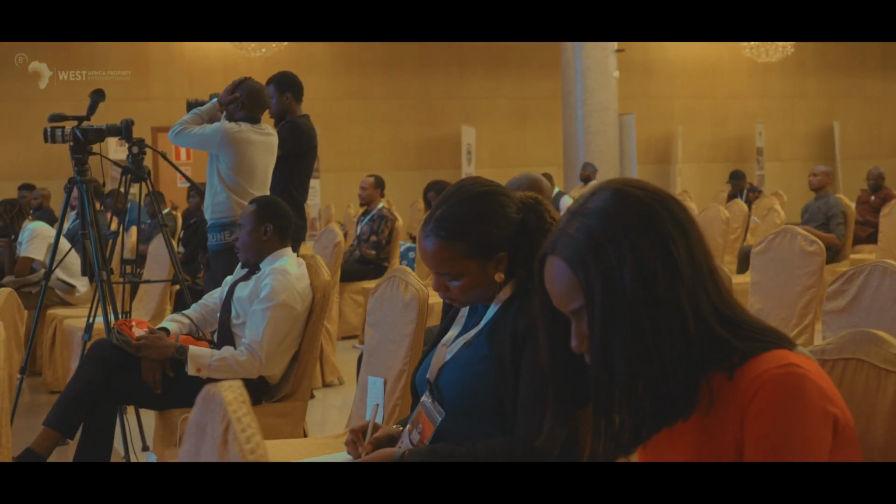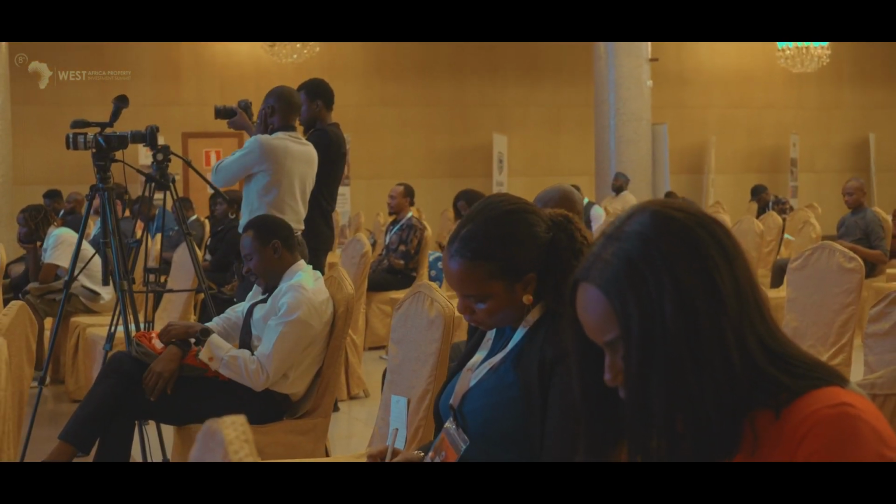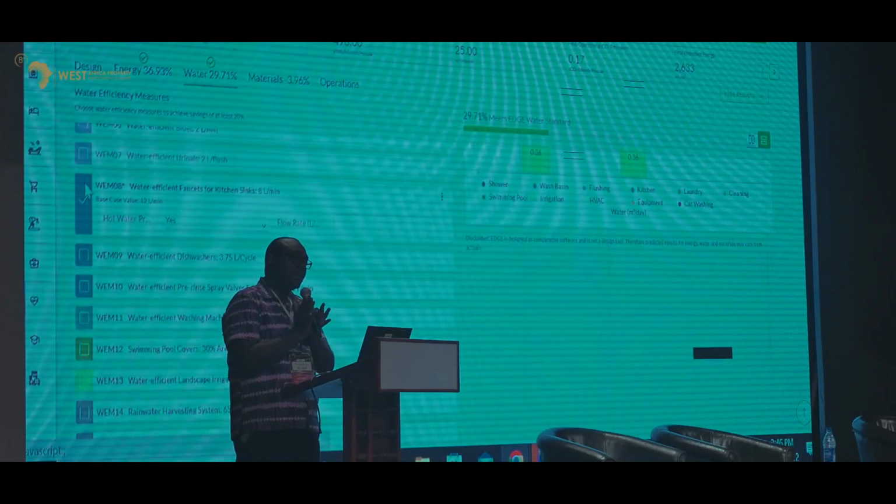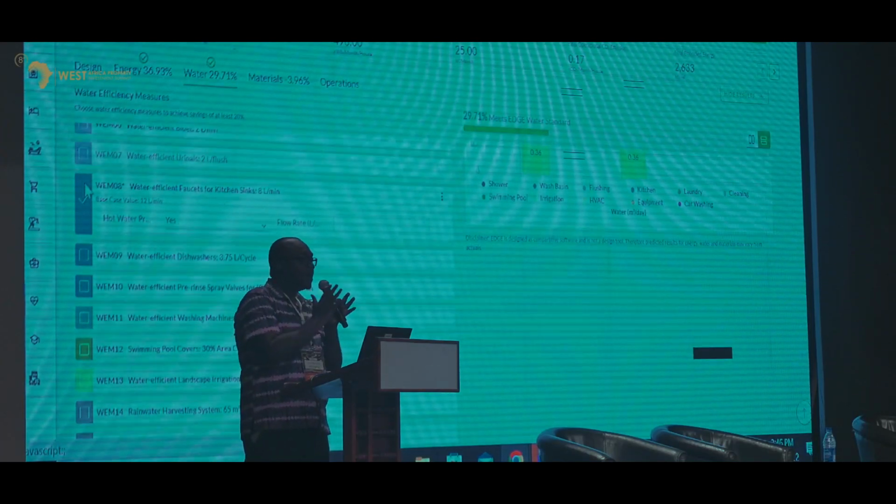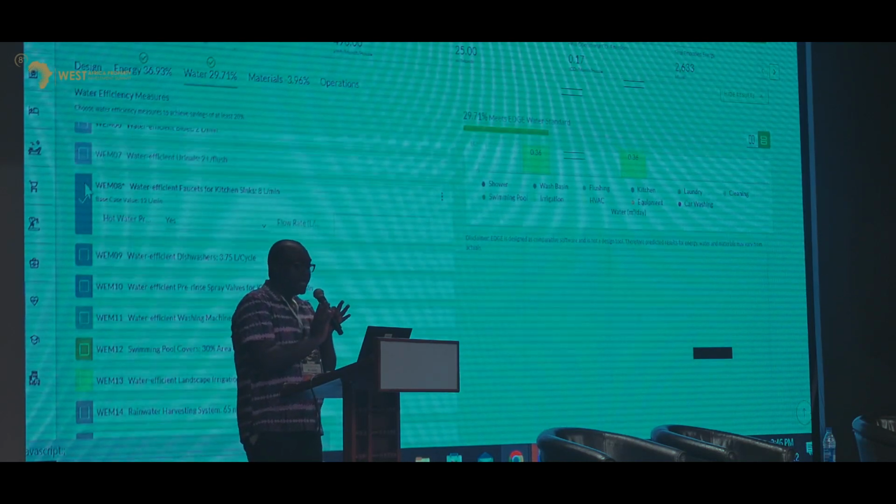And if you look critically, you will see that some of the measures, like the shower heads, are also positively impacting the energy because of the hot water system. If you are saving a whole lot of hot water, that means you are reducing the energy use you will need to heat that also. So for energy and water, we are okay now because the minimum standard is around 20%.